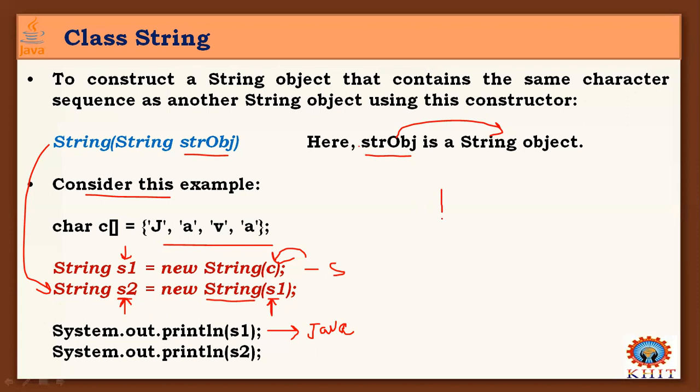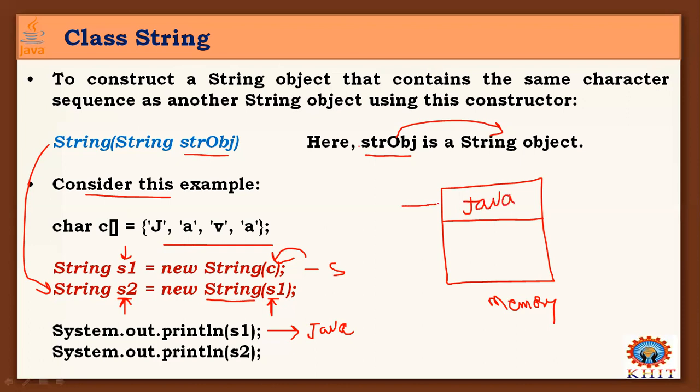And come to this, this can also be understood like that. So consider this as memory, right? I created one string that is Java, and the object reference to this is this one.